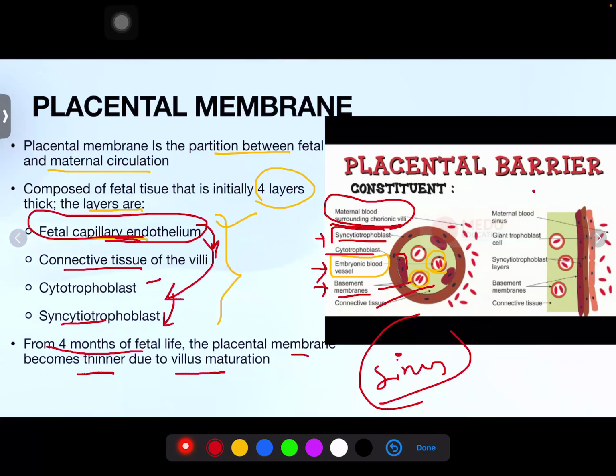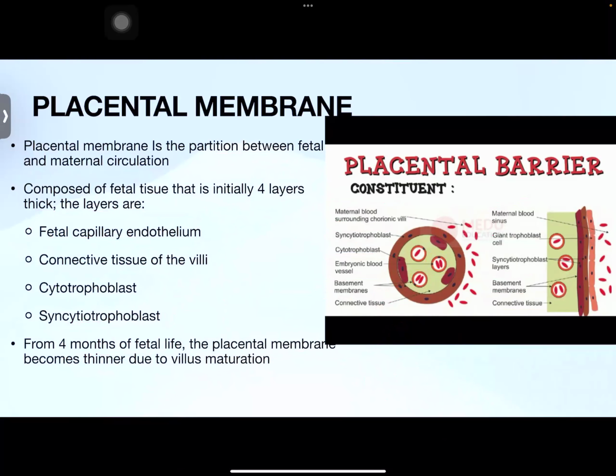If you see this diagram, it has discussed that these are the capillaries. So the basement membrane or capillary endothelium, then the connective tissue, then the syncytiotrophoblast and cytotrophoblast, both layers you can say, and then the maternal blood sinus. So this is a placental barrier, the barrier through which the exchange of materials occurs from the fetus to the mother, or from the mother to the fetus.